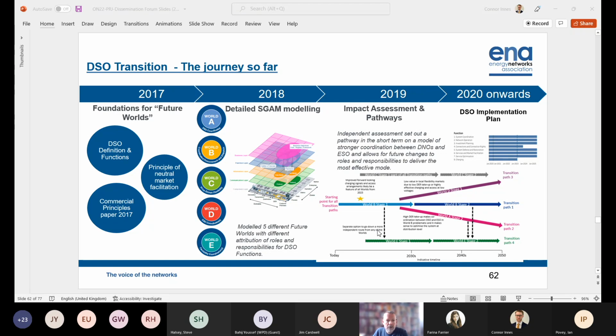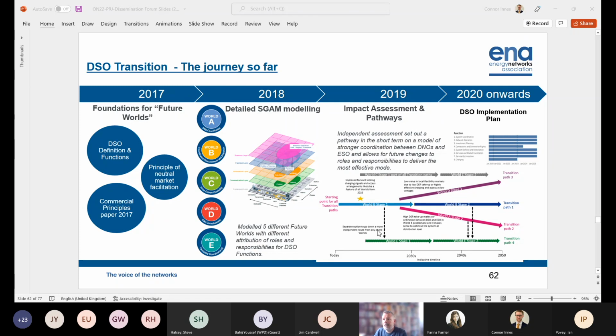Also looking at the commercial principles of the market as well. Very closely tied to that neutral market facilitation, how we facilitate the market and how people see opportunities within the market for their distributed energy resource.